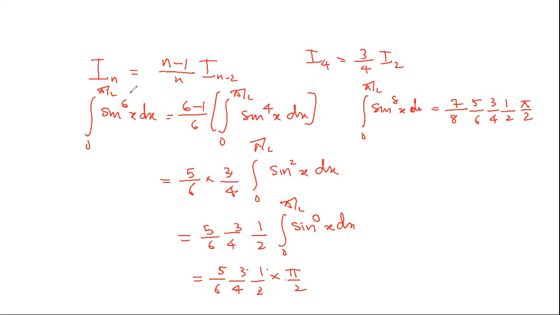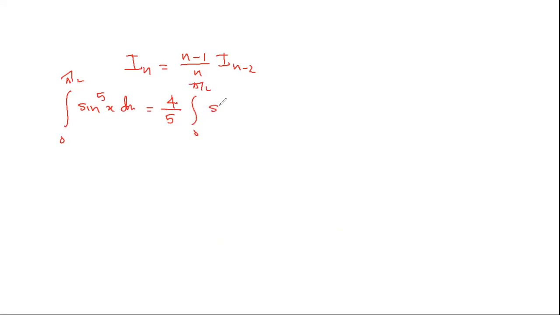Now, I was talking to you about only even powers. Let's see what happens in odd power. When it is 0 to pi by 2, sine raised to 5x dx. So first step will be 5, 4, 0 to pi by 2 sine cube x.